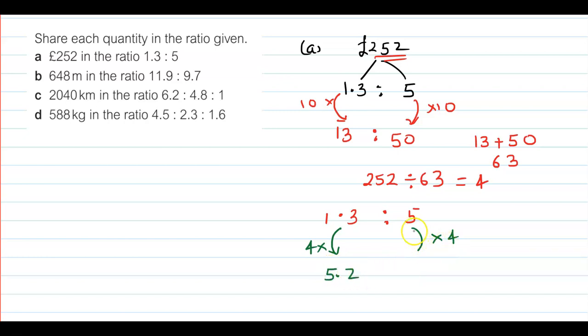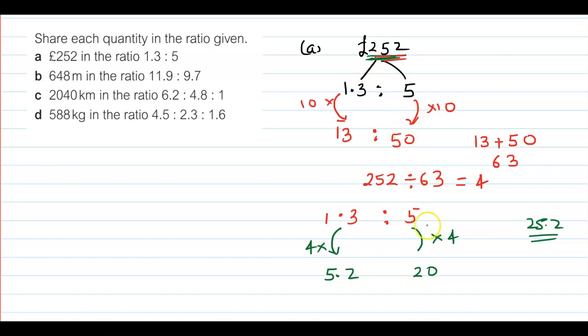Okay, and 4 times 5 is 20. Yeah, but if you add them, 20 and 5.2, it is just coming 25.2.